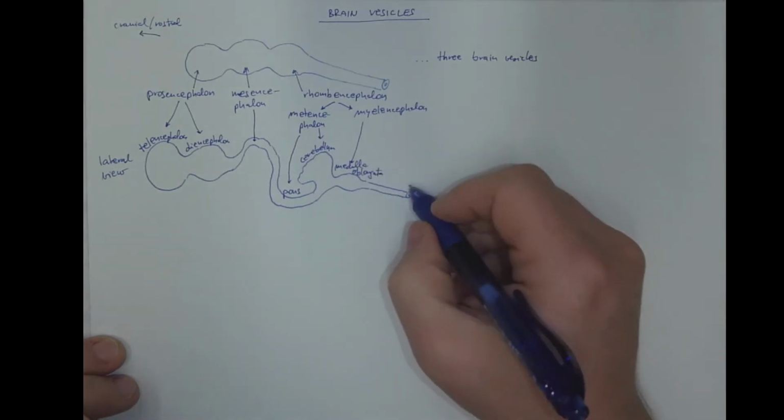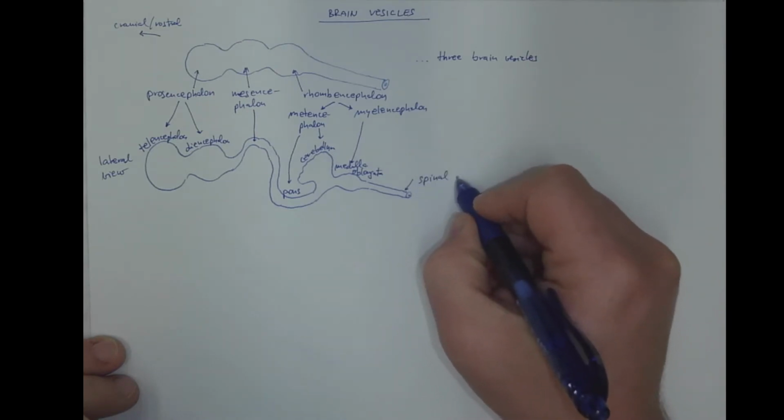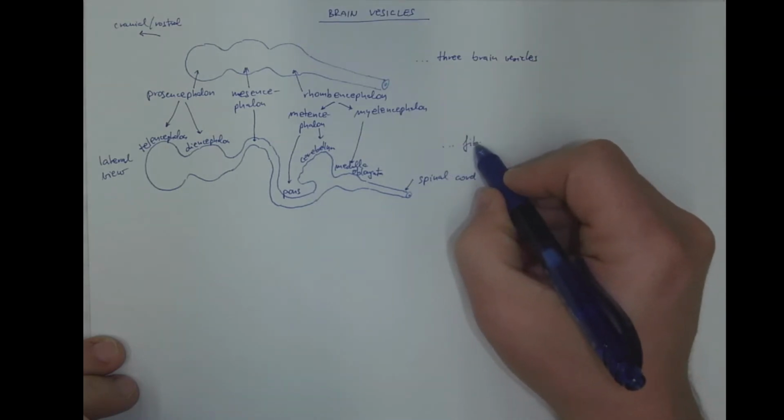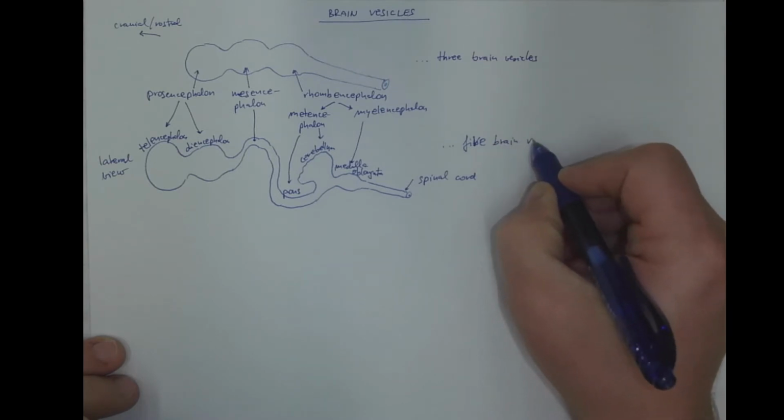That is followed by the spinal cord. So this is the stage of 5 brain vesicles.